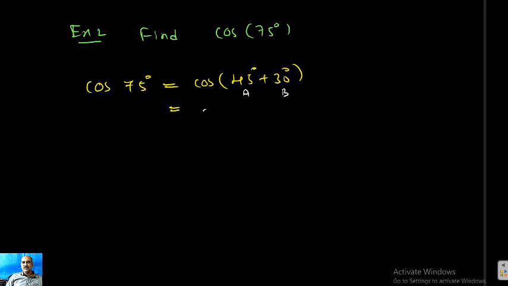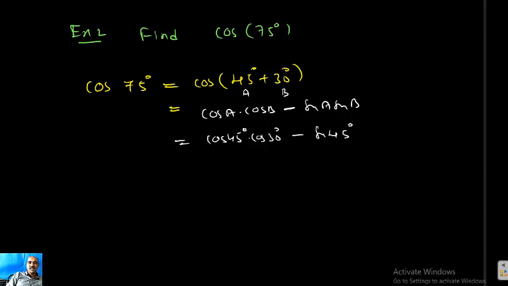Cos A cos B, here plus means here minus sin A sin B. So, cos 45 into cos 30 minus sin 45 into sin 30.